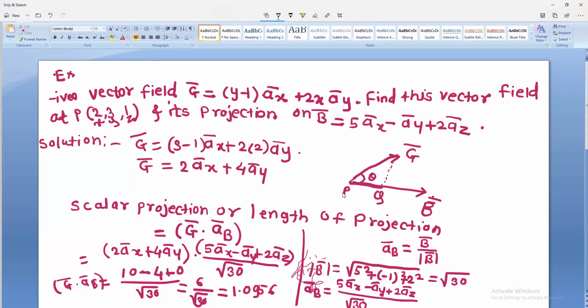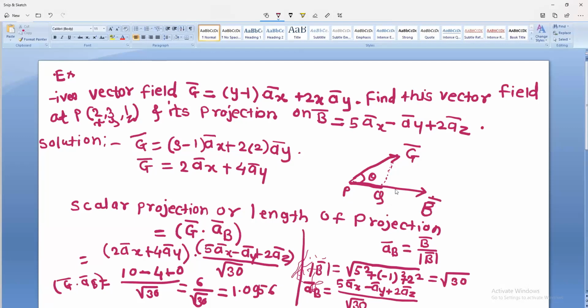Now its projection is considered PQ, and this projection is nothing but the length of projection, and length of projection is a scalar quantity. So it is called scalar projection.